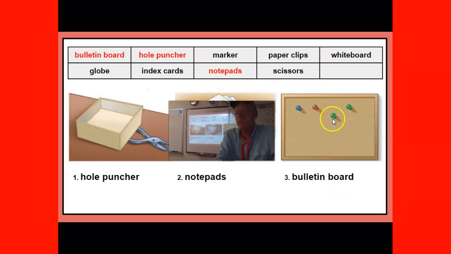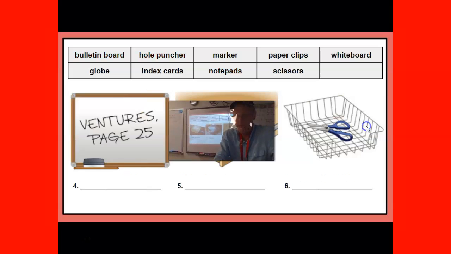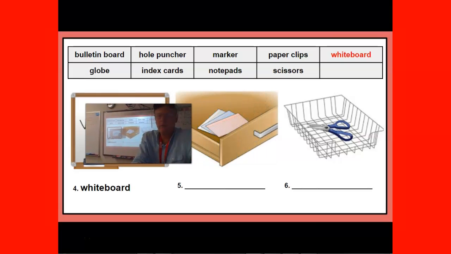Do you know what we call these? We call those tacks. Tacks. Just use a tack to put in the bulletin board to hang up a notice. I gave you the answer there. That's a whiteboard. How about this right here? Do you know what we call these?